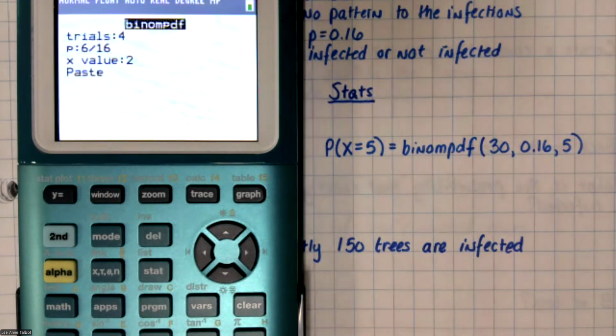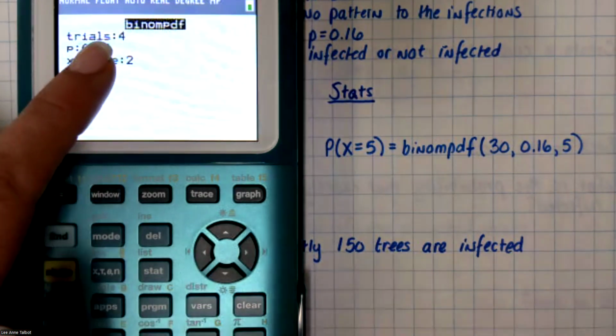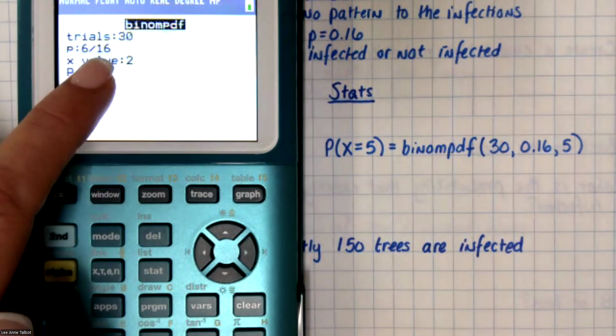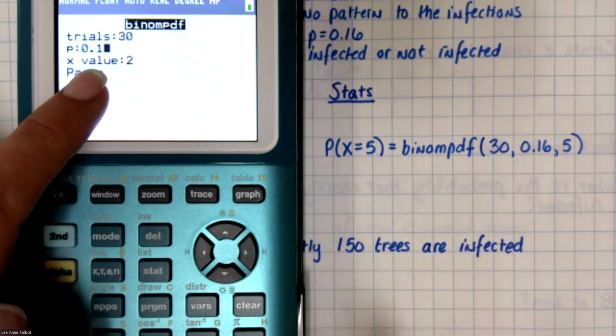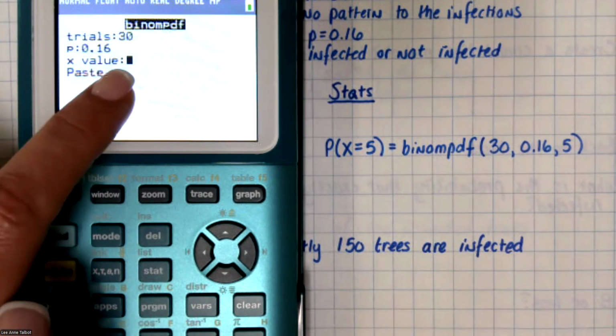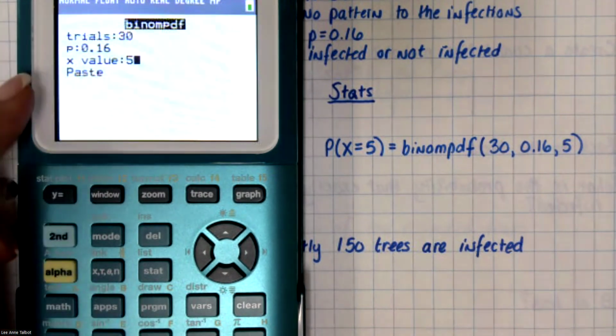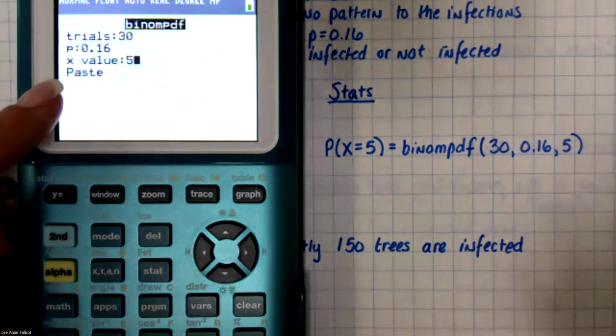Okay, and then look at the menu. It's asking for the number of trials, which is 30 trials in this problem. Probability is 16% per tree. And the X value that we're interested in is 5.